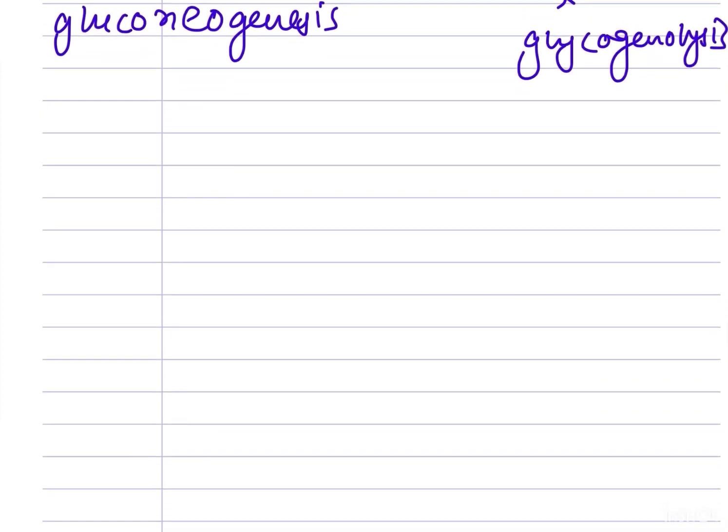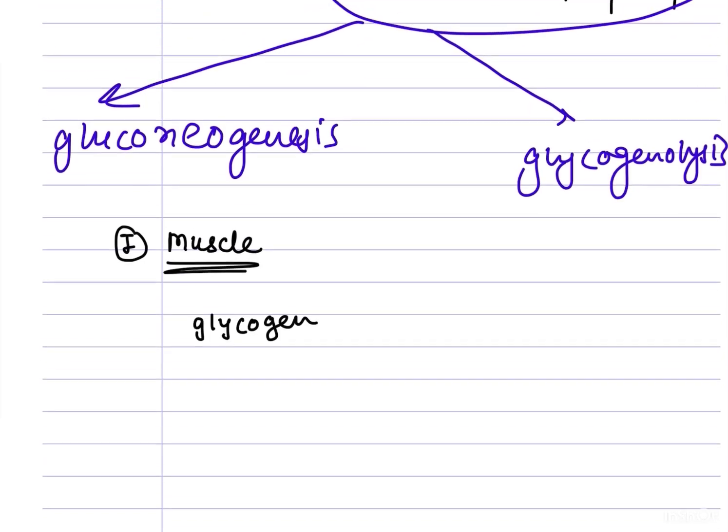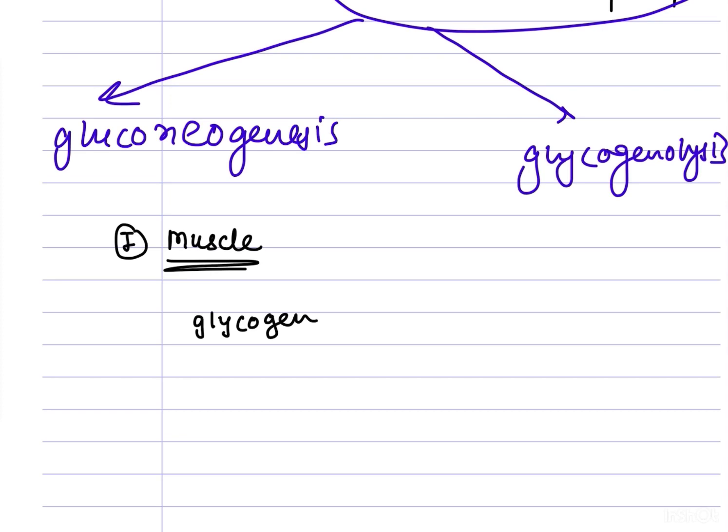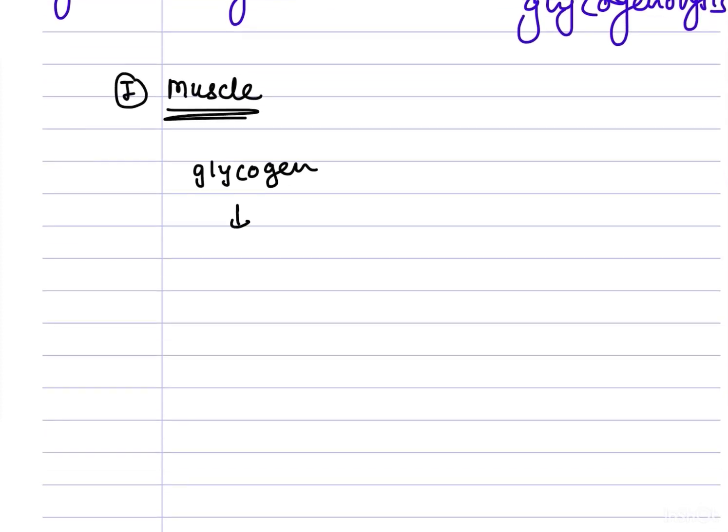So the main areas of this mechanism are two. First is the muscle and second is our fat, the adipose tissue. First we will start with muscle. In the muscle, the glycogen will break down due to glycogenolysis. Glycogen will be converted into glucose 6-phosphate, and this glucose 6-phosphate will form lactic acid.